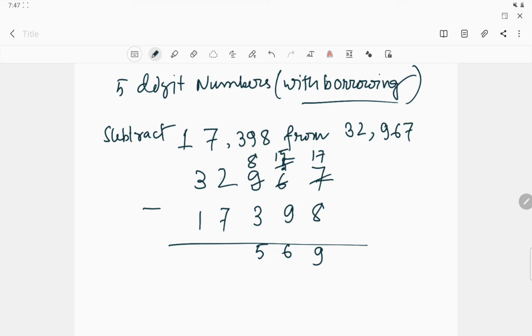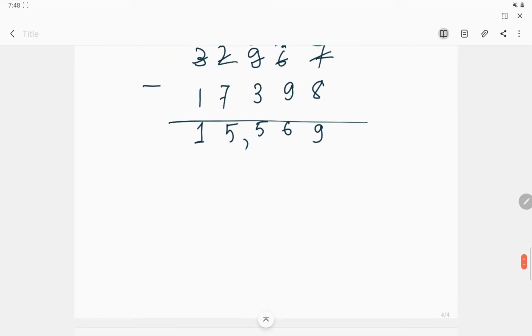So 10,000, so it will be 12, right? So it will be 12 and it will be 2. So 12 minus 7 is 5 and 2 minus 1 is 1. So answer will be 15,569. That's it.